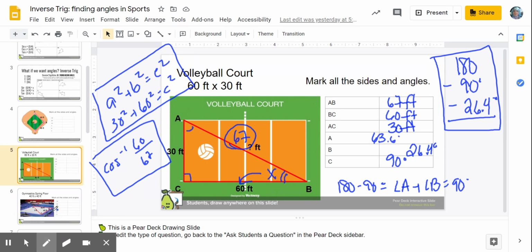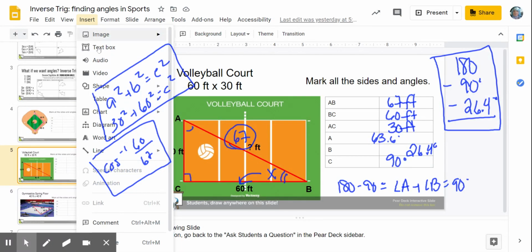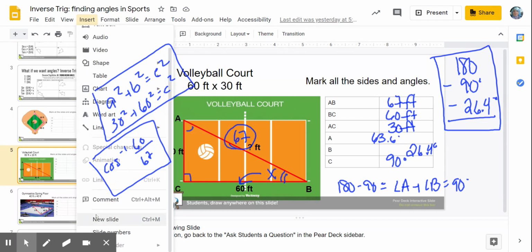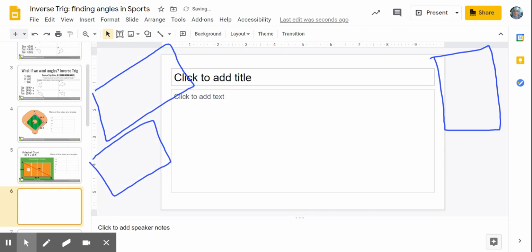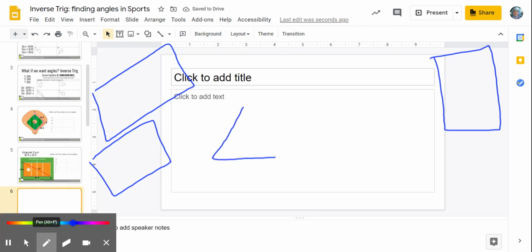In an equilateral triangle, here, let me insert a slide real fast. Why can I not insert a slide? There's a slide. So the question was, if I have an equilateral triangle, right? 1, 2, 3.